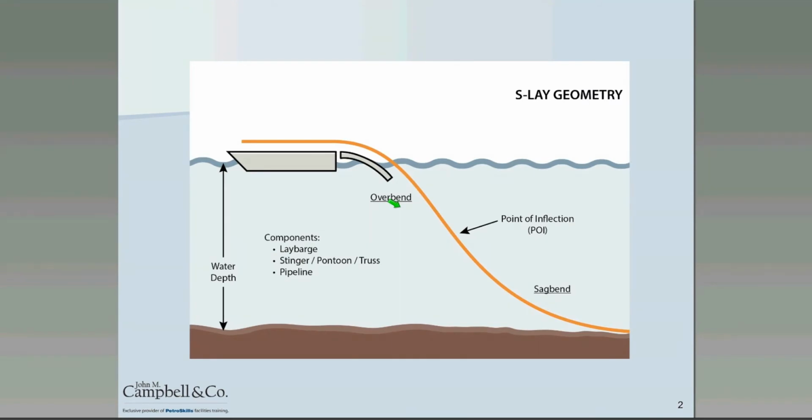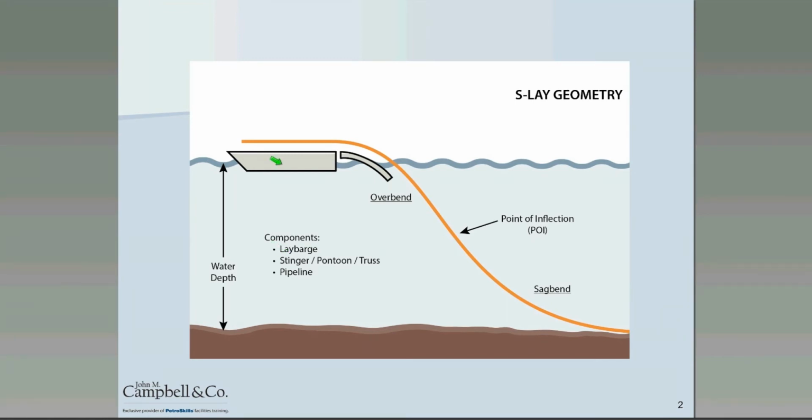Now, the key components of an offshore lay system, in this case we're showing an S-lay configuration that would be typical for very many pipeline operations around the world. This system has been in service, been used for at least my entire career, which is over 40 years now. And the major components that we'd be dealing with would be the actual lay barge itself.